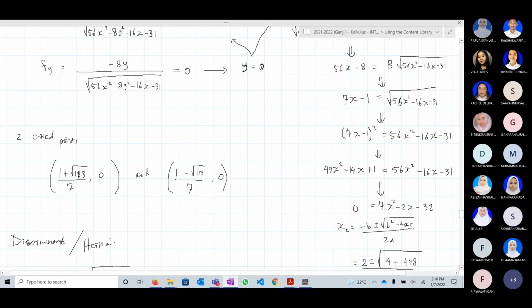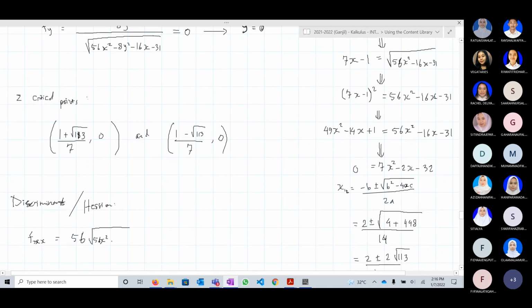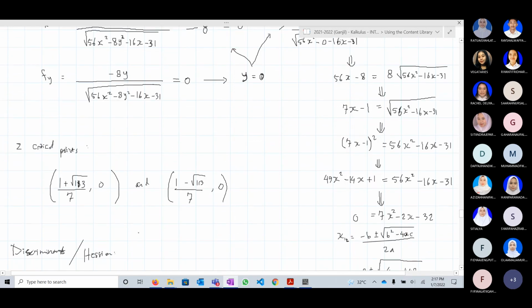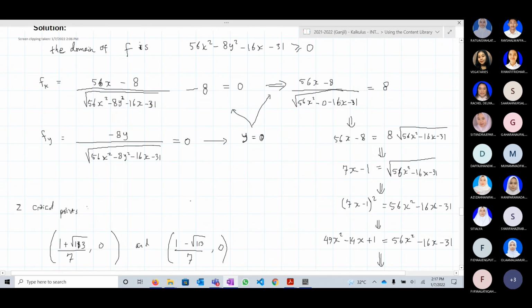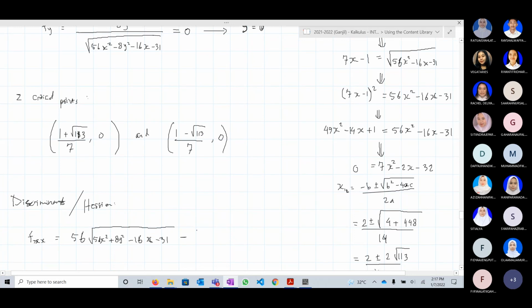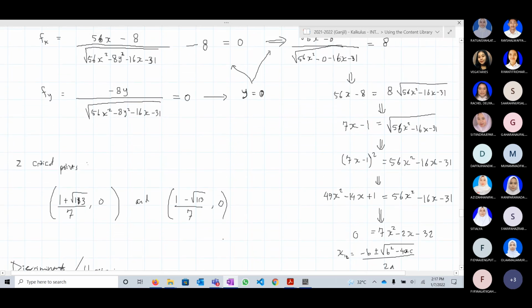56x squared plus 8y squared minus 16x minus 31 minus 56x minus 8 times the derivative of that guy.